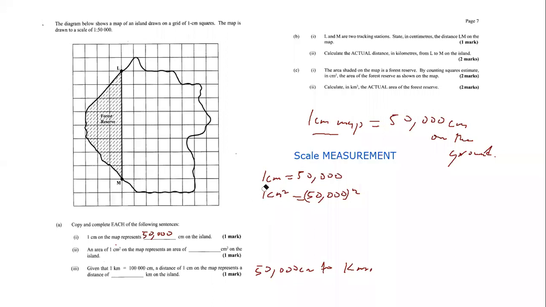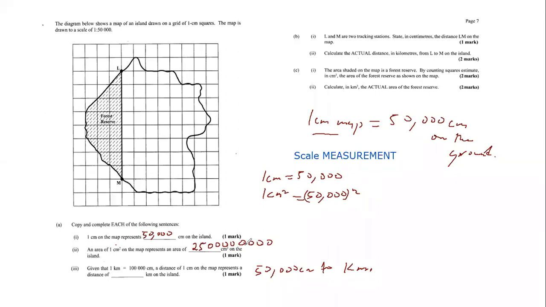So 1 centimeter square will represent 50,000 centimeters square. That means I have to square this one. 50,000 times 50,000 will give you 2, 5, then the 8 zeros. 1, 2, 3, 4, 5, 6, 7, 8.